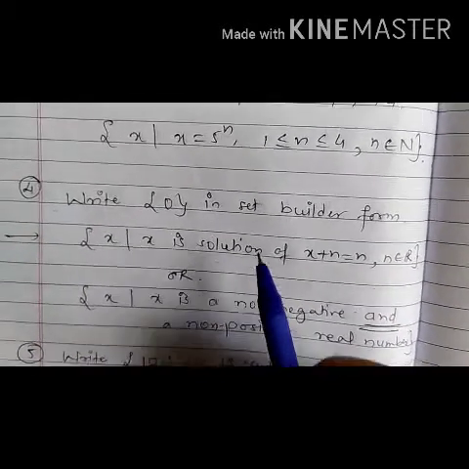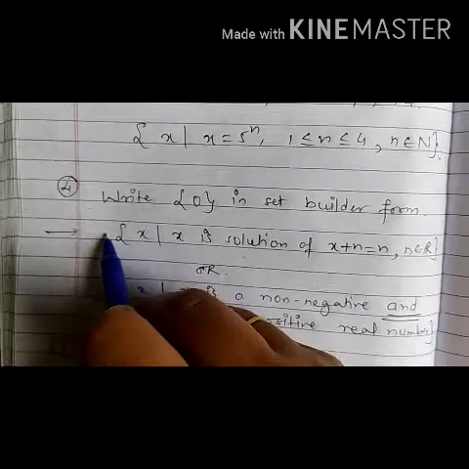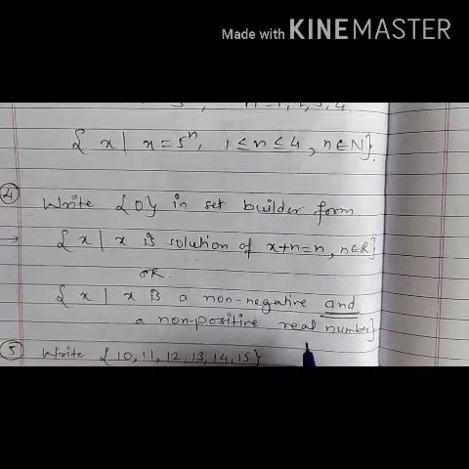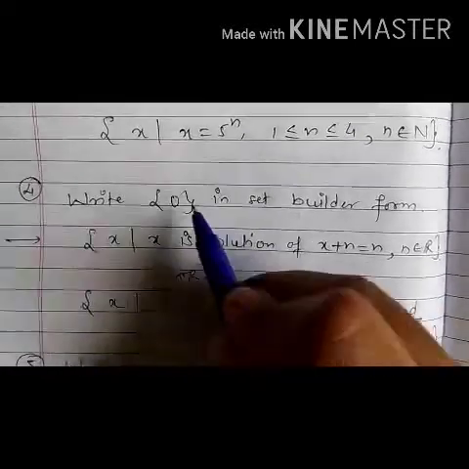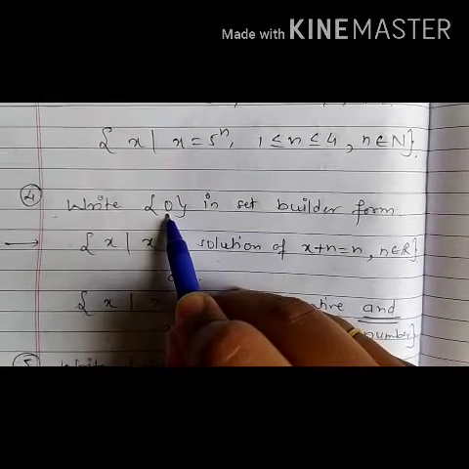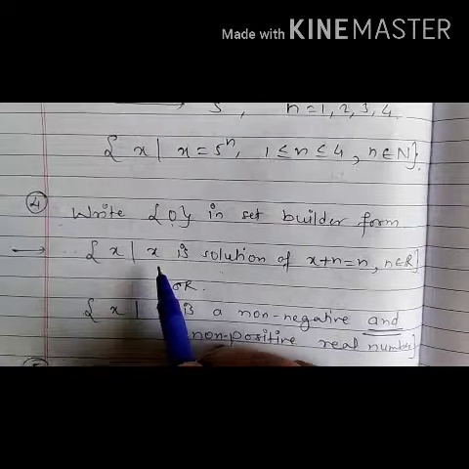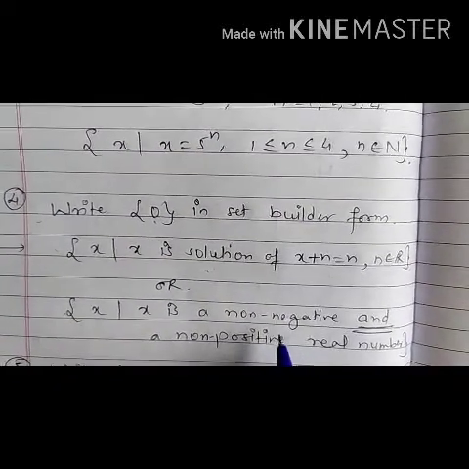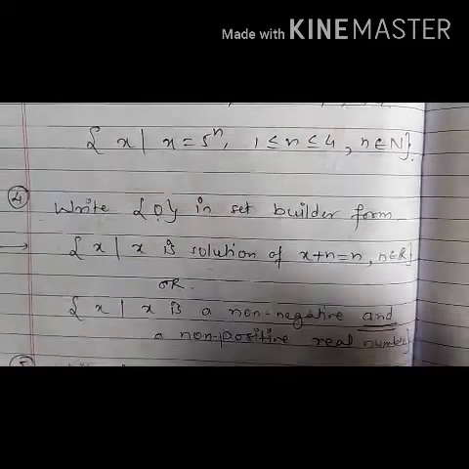Understood? Now if you do not get this point, you can write 0 as non-negative and non-positive real numbers, because we know that 0 is the only number in real numbers which is both non-negative and non-positive. In non-negative numbers we consider 0 onwards, that is 0 to infinity.